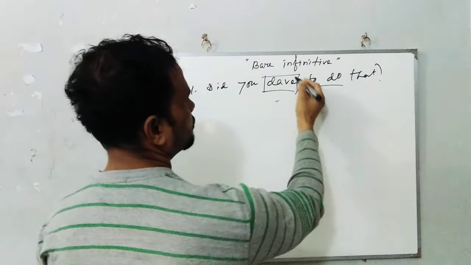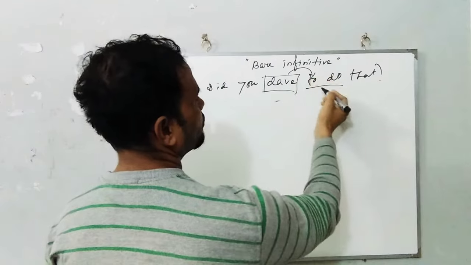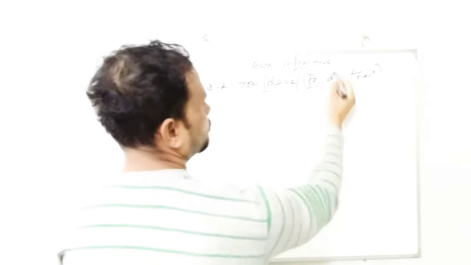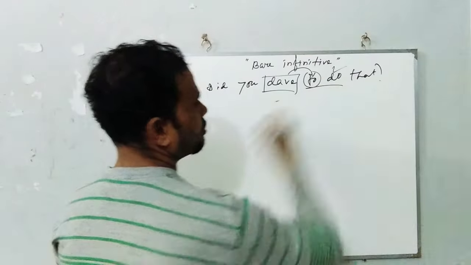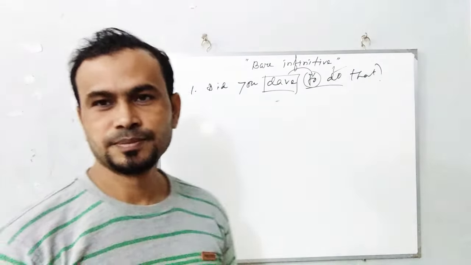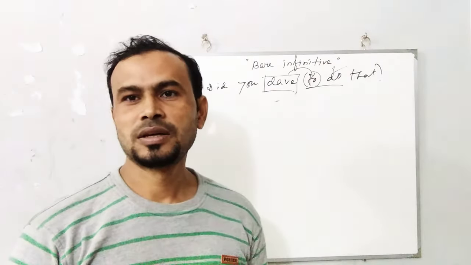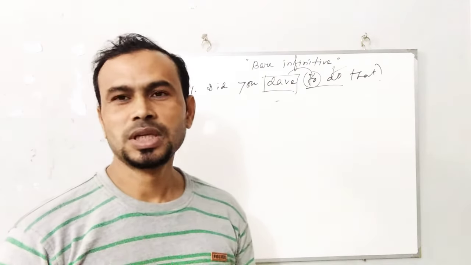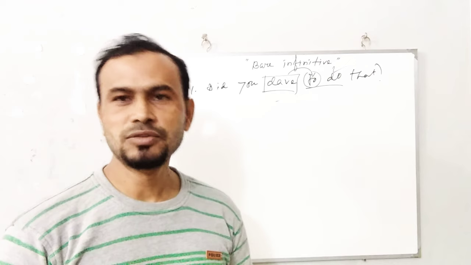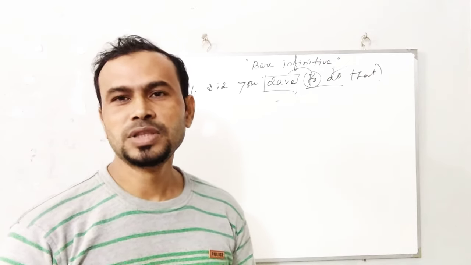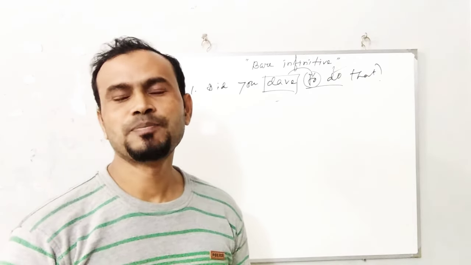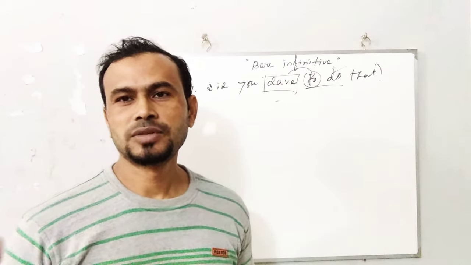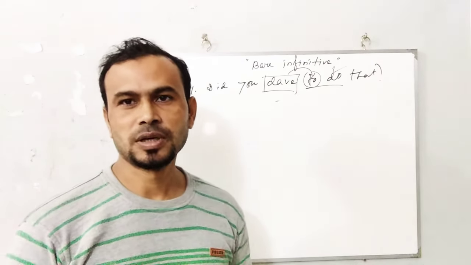Here after dare, infinitive to is used before the verb. We can call it an infinitive verb. I think you already know which verbs are infinitive and which are not. I think you are already informed about these conditions.